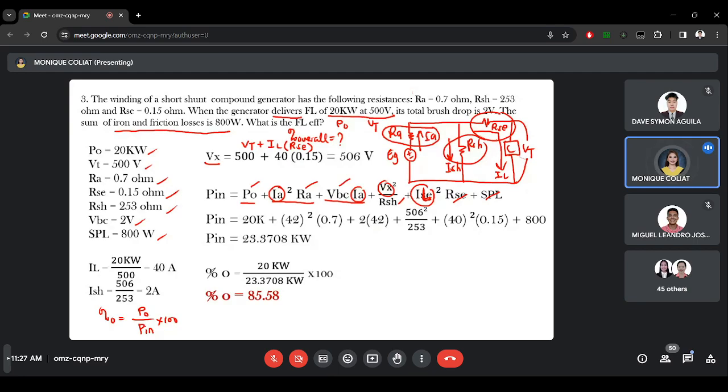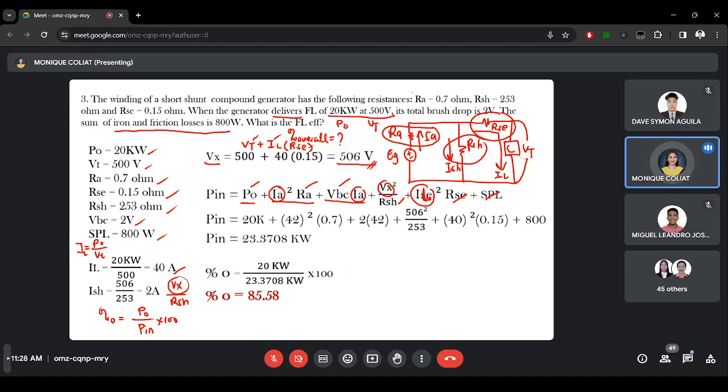Input that in your calculator and let's see if your VX is 506 volts. Is this correct? 506 volts? Yes po, ma'am. Now that we have VX, we can get ISH. ISH is equal to VX over RSH, so 506 divided by 253. Our ISH is 2 amperes.